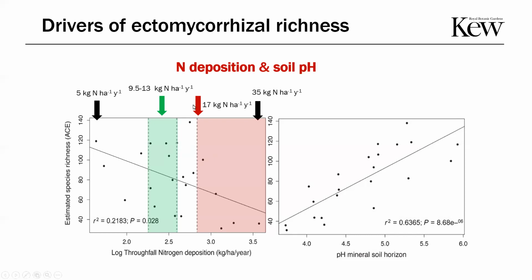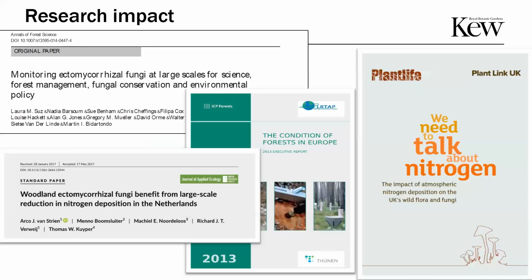But at sites with more than 17 kilograms of nitrogen per hectare and year, we saw a steep decrease in the number of taxa. This, of course, can have consequences on the functions of these fungi, and I will explain a little bit later.